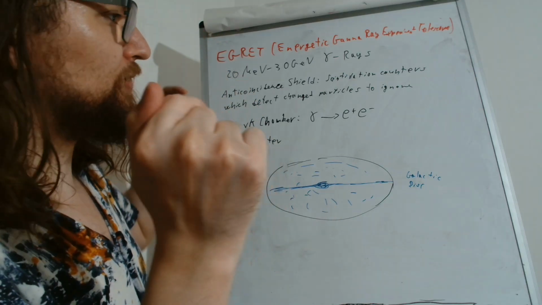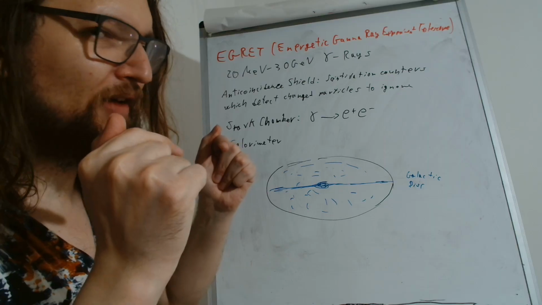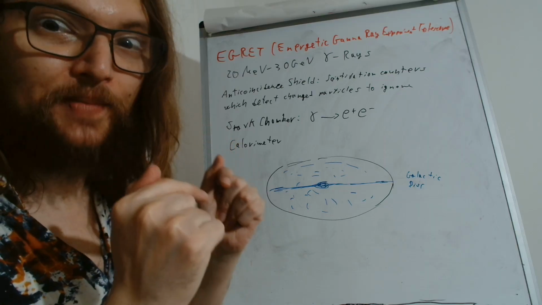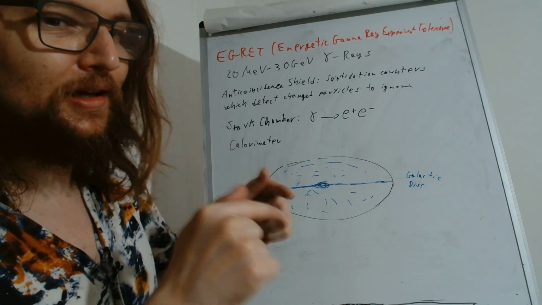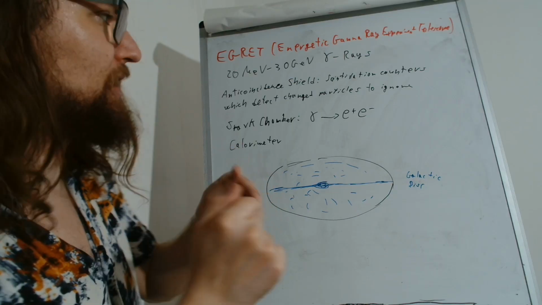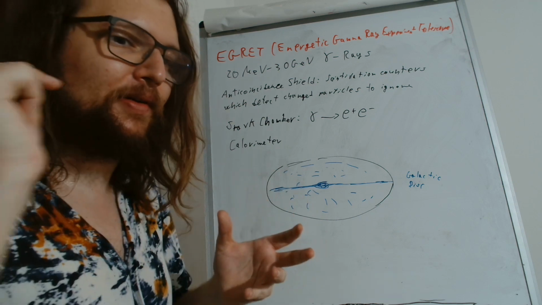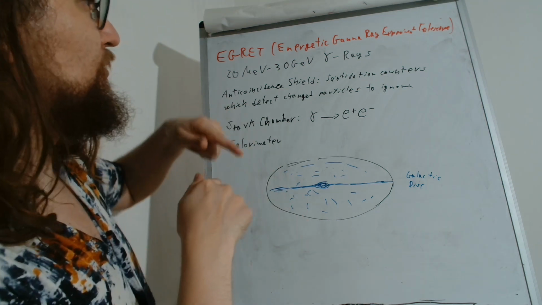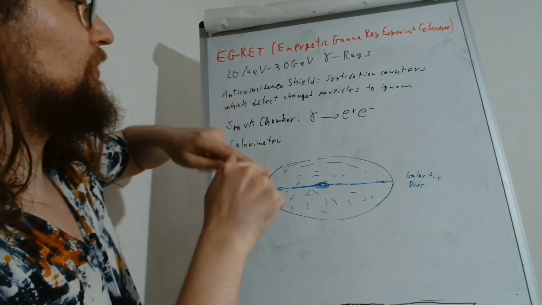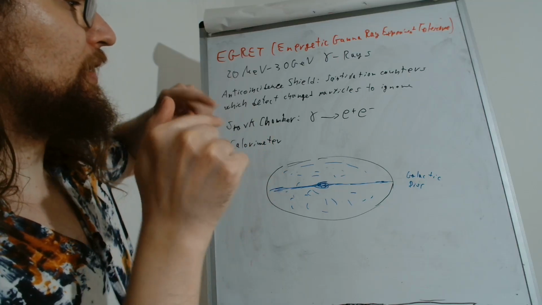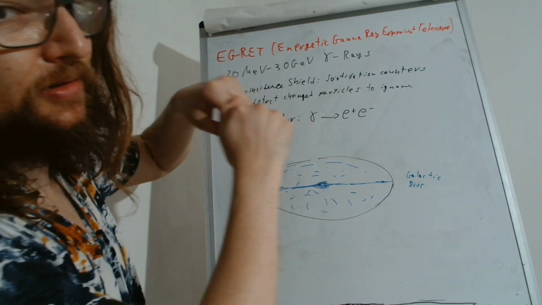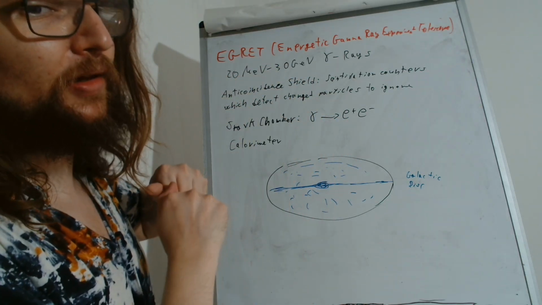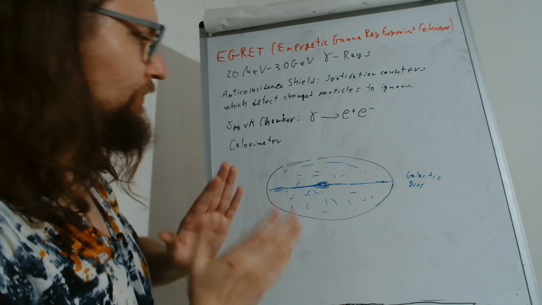So if these counters detect that charged particles have entered the chamber, they tell the chamber to ignore the measurement, because these are not the target particles. If a gamma ray passes through the scintillation counter, it only converts inside the chamber, and the charged particles are created directly inside the chamber, and so the measurement is not ignored.